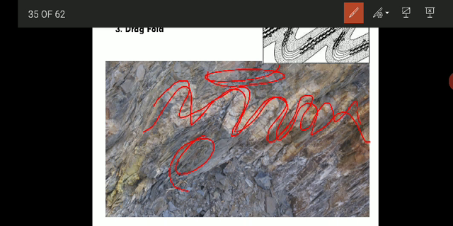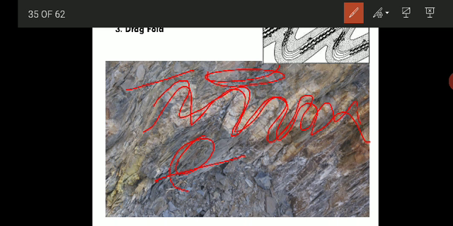This type of minor fold develops within the weaker beds which are enclosed between two strong beds. These folds are produced due to a dragging effect, so they are called drag folds. When a competent or strong bed slides past an incompetent or weak bed, then such folds can be seen.